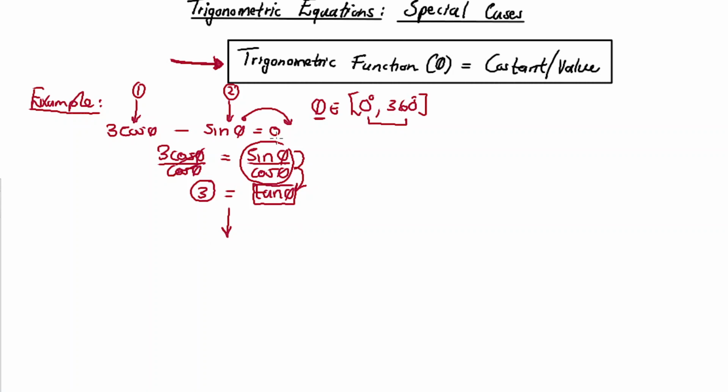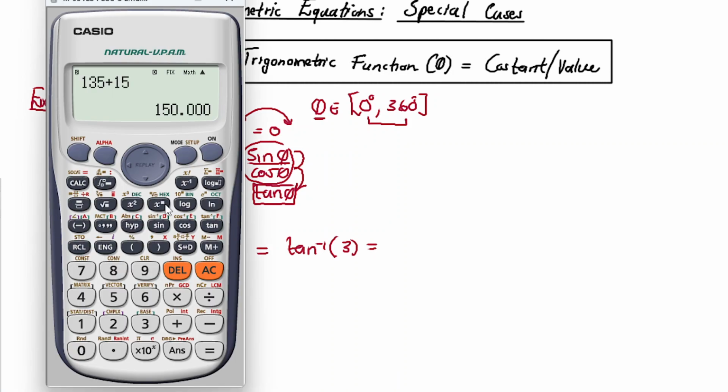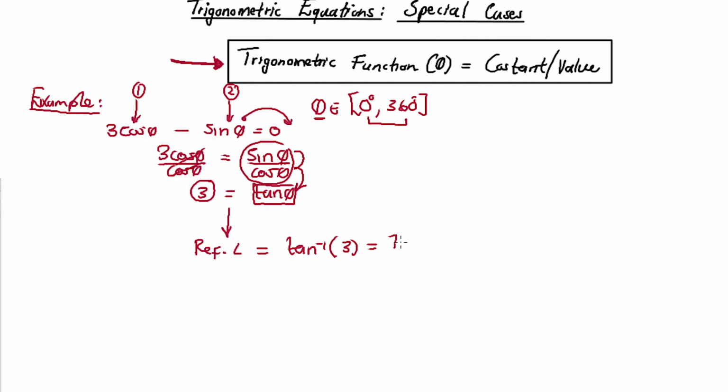Let's calculate our theta now. But first we need the reference angle. The reference angle is equal to arctan of 3. What's the answer? Arctan of 3 is 71.565 degrees.